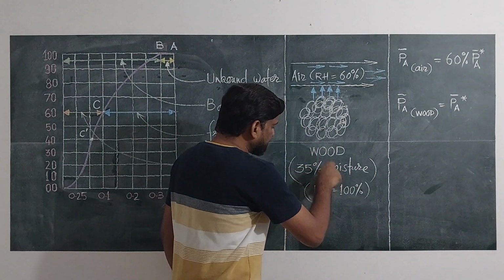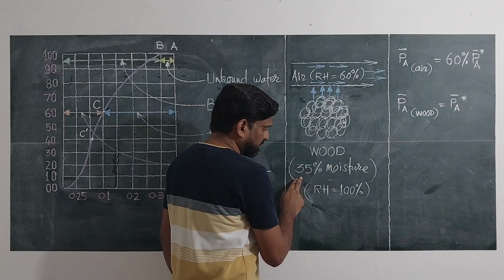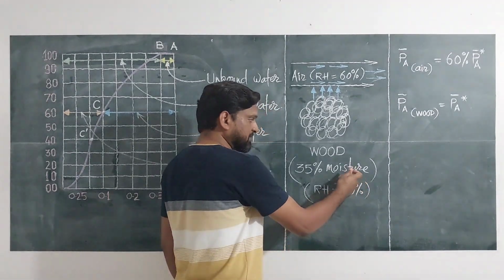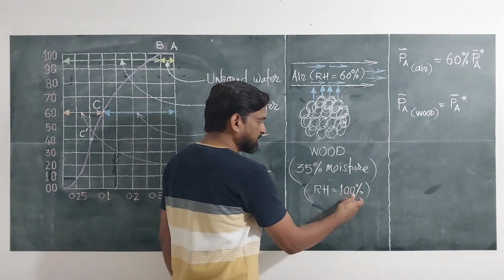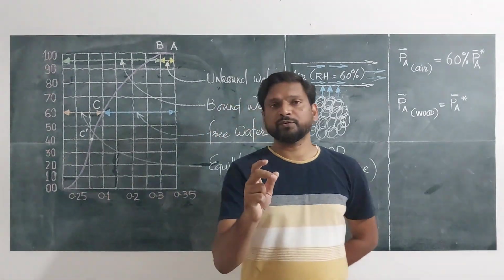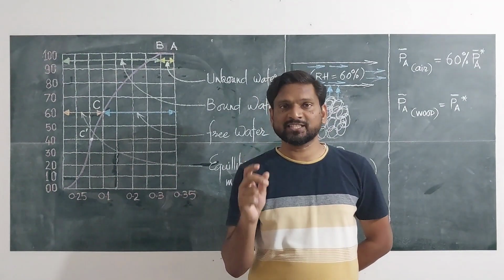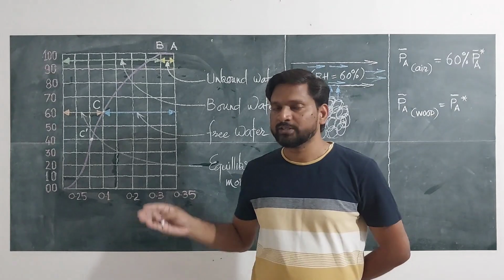This wood contains 35% moisture and the relative humidity of the wood at 35% moisture is 100%. I hope you know the concept of relative humidity because this is the most basic background concept to learn drying.